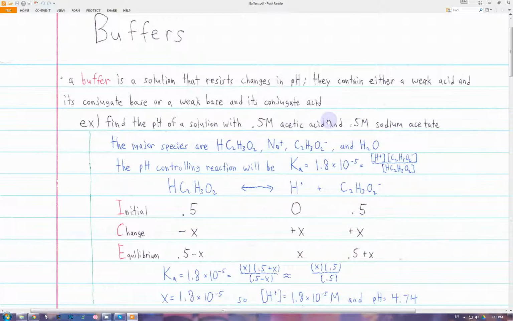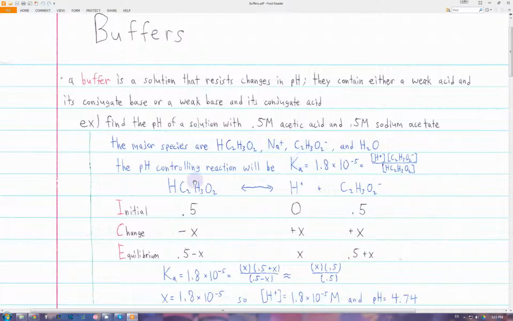Since it's weak, it does not dissociate very much. And then the sodium acetate is a soluble salt, so it will dissociate into its ions, Na+ and C2H3O2-, and then of course water. So the species that will control the pH of this solution is going to be acetic acid.